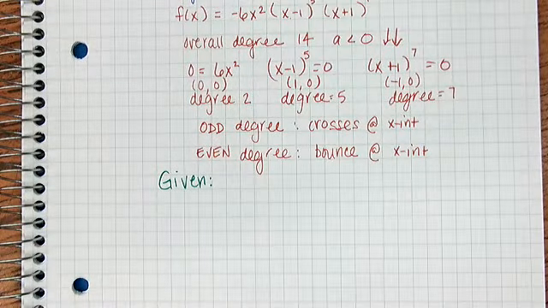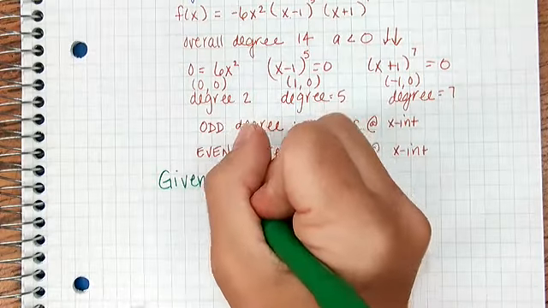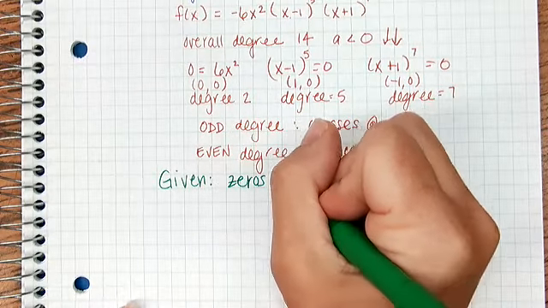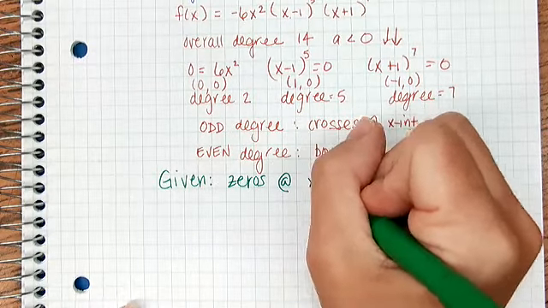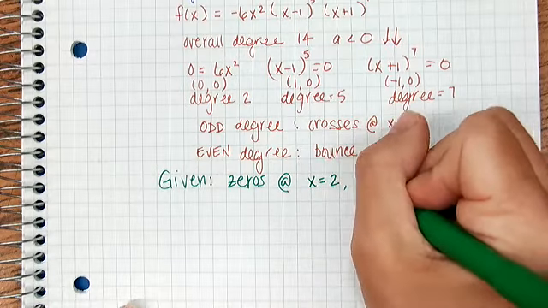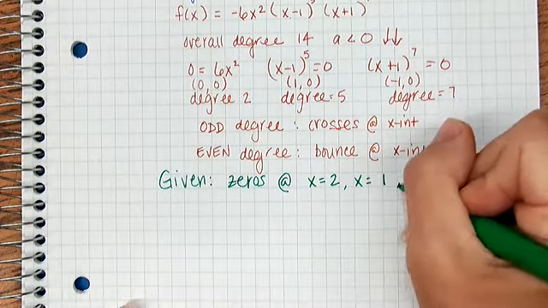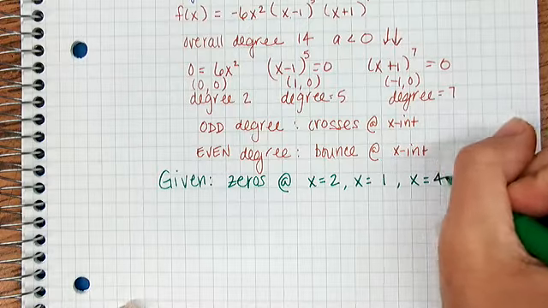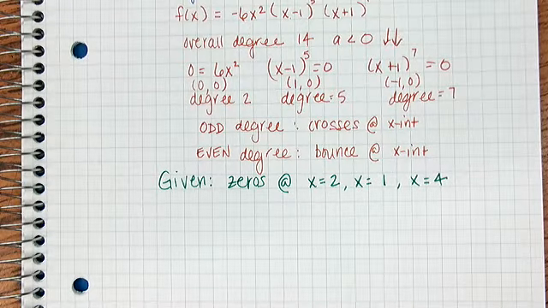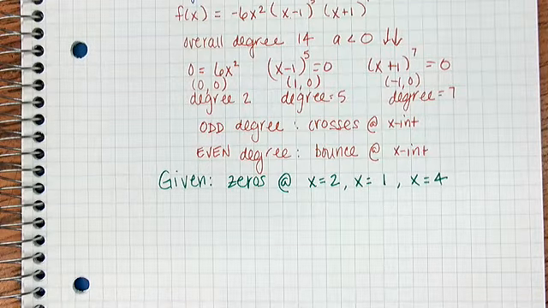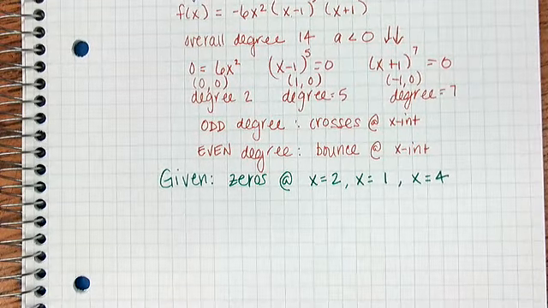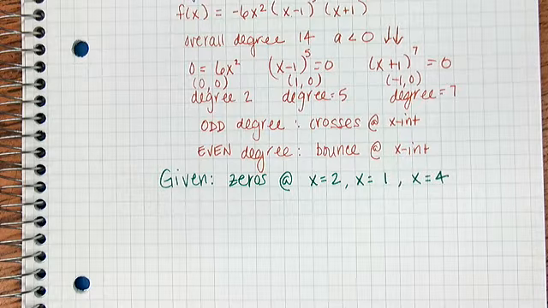So let's say you are given zeros at x equals 2, x equals 1, x equals 4, and I want you to write a potential equation of this function.